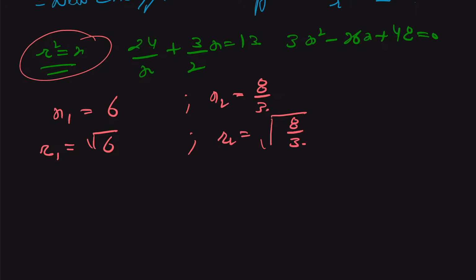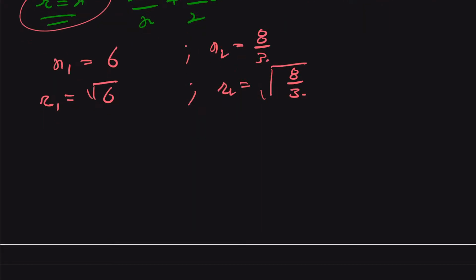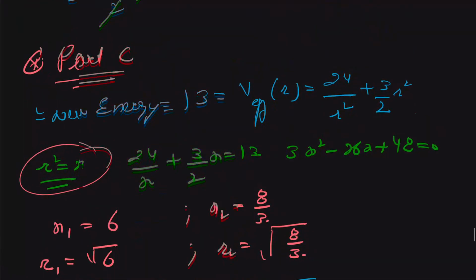And from here we can find out minimum and maximum value. So our r minimum will be equal to square root of 8 by 3, and we have our r maximum equal to square root of 6. So these are the values of minimum and maximum after we provide an instantaneous radial velocity.